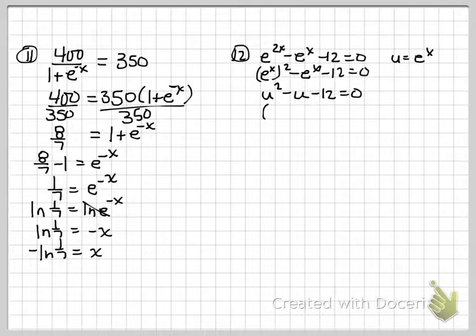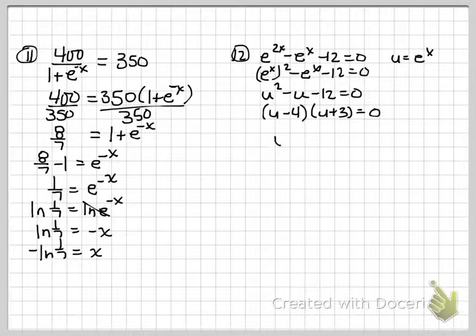Factor it. So it's u minus 4 times u plus 3 equals 0. Now again, you don't have to use the u sub. If you can see the factors when it's e to the x, you can go that route. This is just for those students who want to use it.